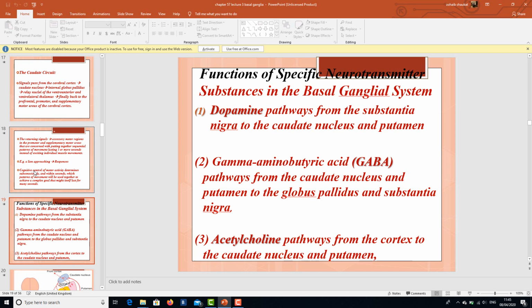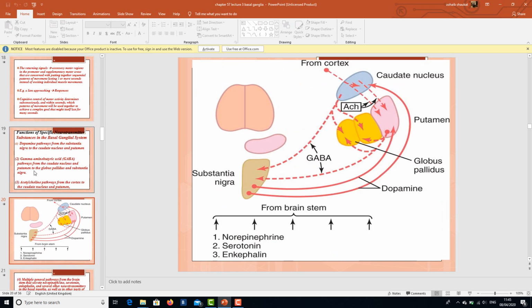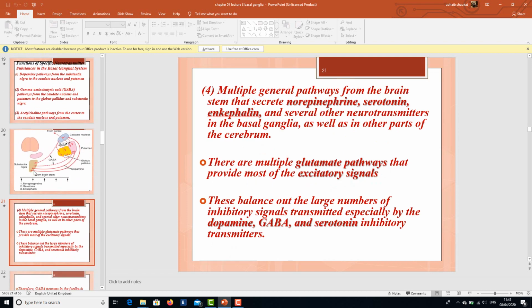Gamma-aminobutyric acid pathways go from the caudate nucleus and putamen to the globus pallidus and substantia nigra. Then acetylcholine pathways go from the cortex to the caudate nucleus and putamen. You can see the release of these neurotransmitters from different portions of the basal ganglia.